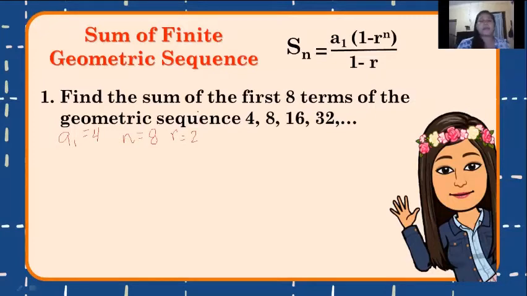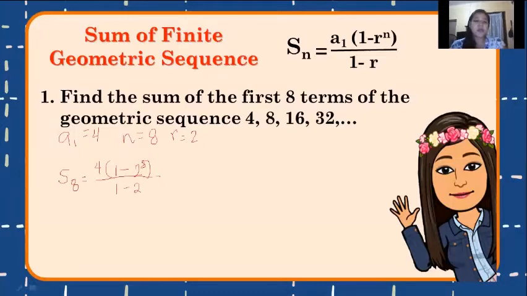Okay, since we are okay with our given values, let's now substitute into our formula. So that will be S sub 8 is equal to a sub 1, which is 4, times 1 minus our ratio, which is 2, raised to 8, all over 1 minus 2.